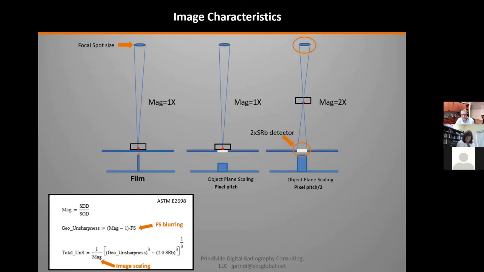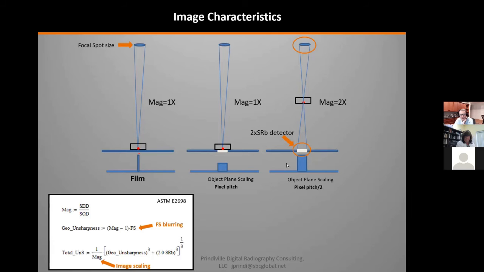Now let's look at our digital detector. Our digital detector, our pixel size has got a certain size. It's not that small compared to grain size on film. So as you can see, it's rather large here. So if I take a shot right up next to the detector, then it's really going to show up as 1 pixel here. So it's pretty broad.